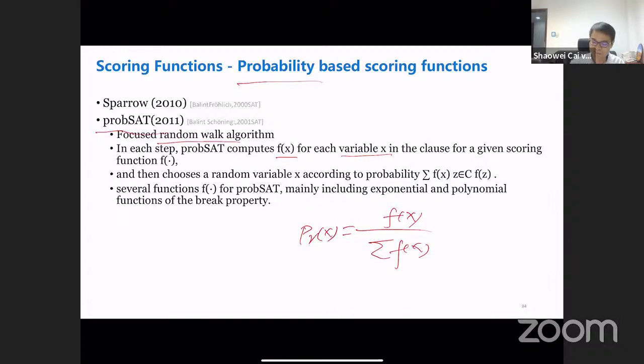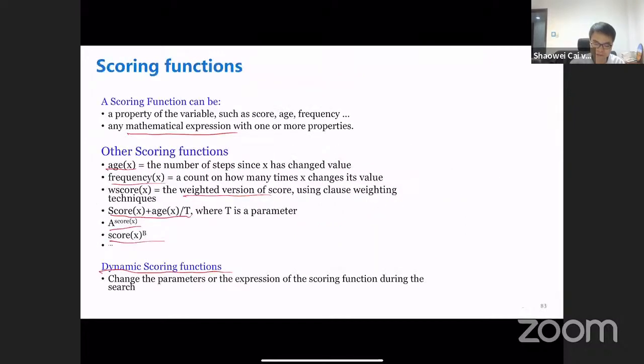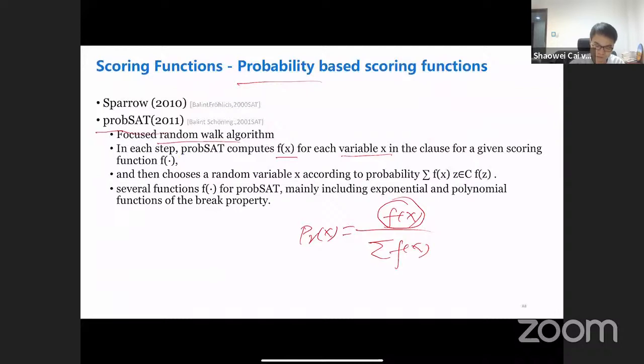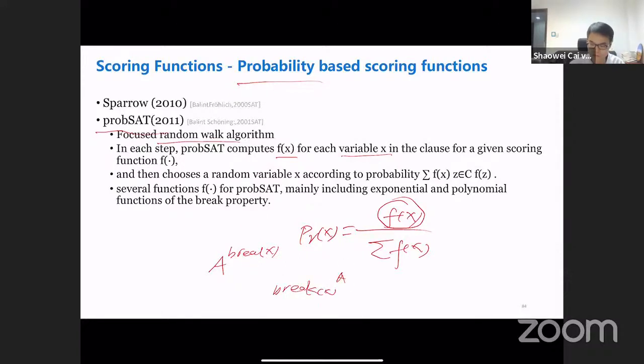So the question is which function to use in this probability distribution. You usually use break(x) to the power of minus a, or a to the power of minus break(x). So it's exponential and polynomial style.